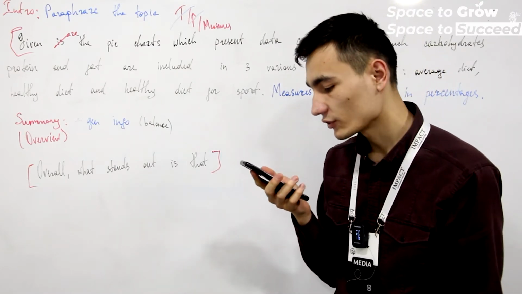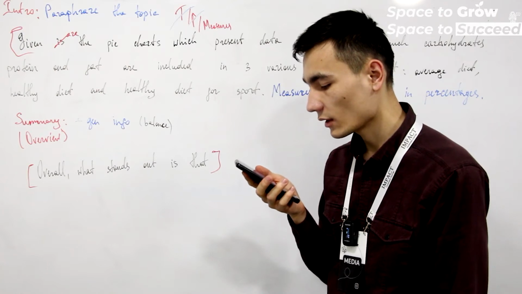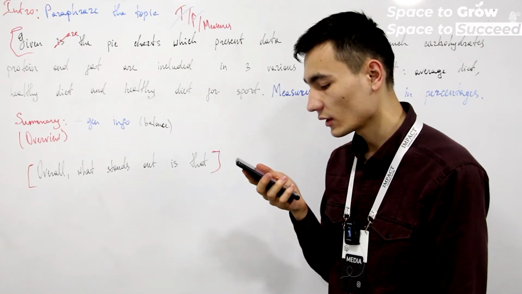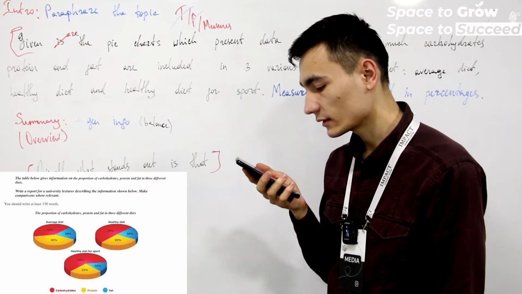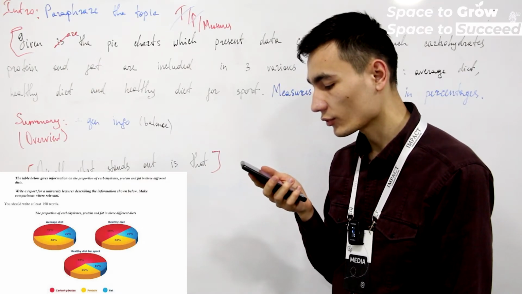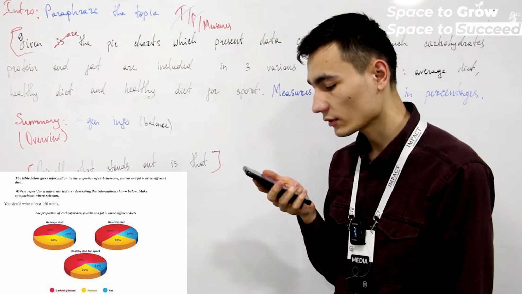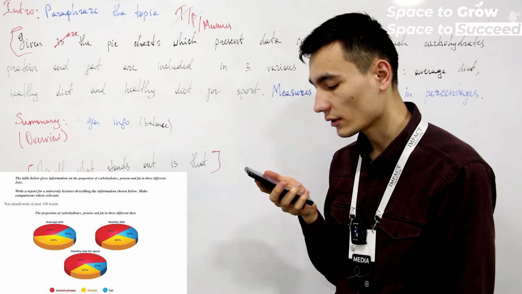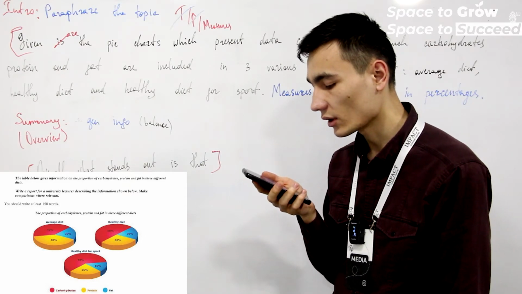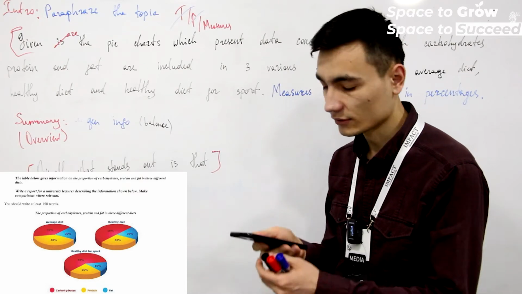Let's see: average diet 40-40-20, healthy diet 50-30-20, and healthy diet for sports it's 60, 25, and 15. So there's no big difference in proportion in the first two. We say the proportions were relatively similar to each other in average diet and healthy diet, making them balanced. So let's write it.